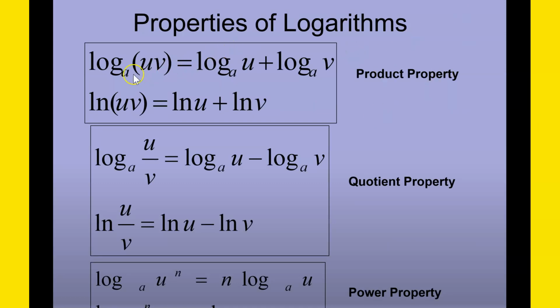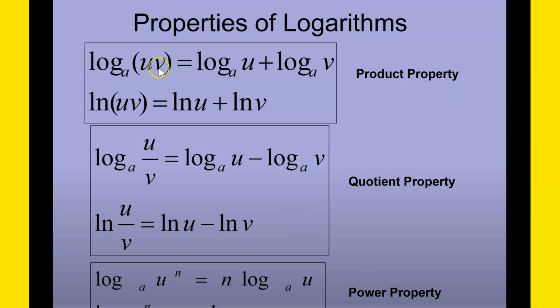Basically what this says is if you have a log and it has a complicated logarand, so you have multiple things going on in the logarand, you can expand this complex log into multiple simpler logs using the product property, the quotient property, and even the power property.